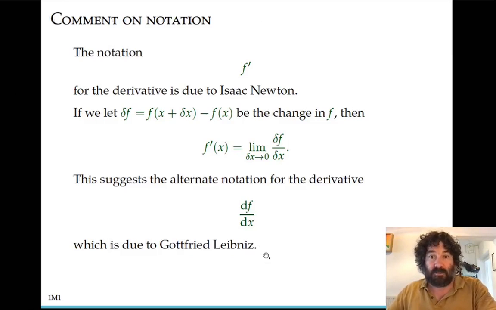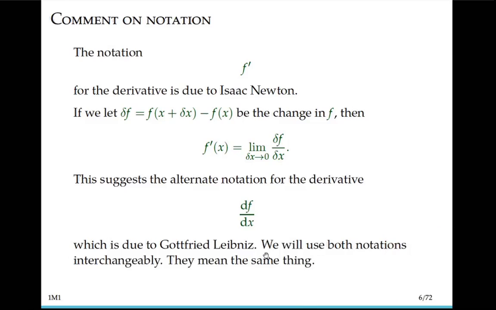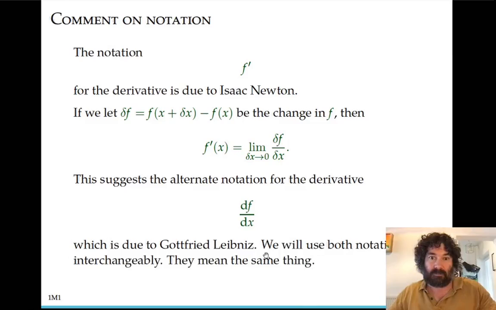And we'll use both of the notations. As it turns out, in some cases one of them is a little bit nicer to use, and so you switch back and forth, using them equivalently, depending on which one explains the concepts better. So yes, we'll use both of these, and they just mean the same thing.